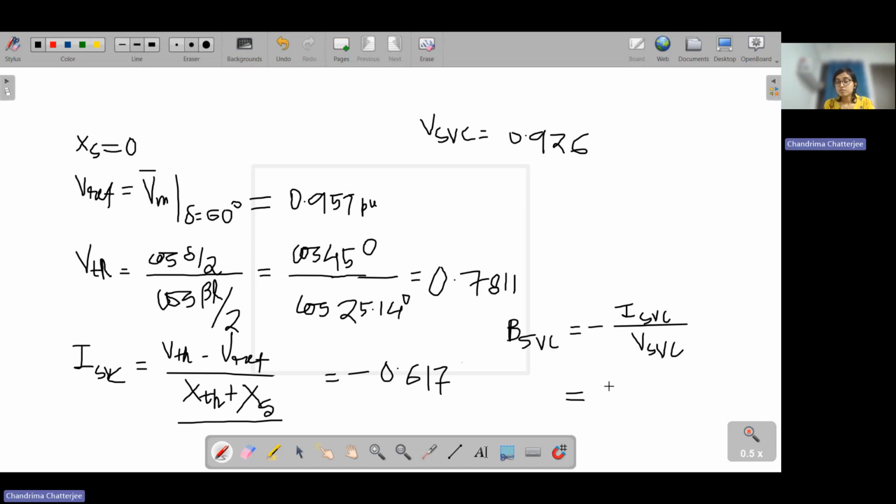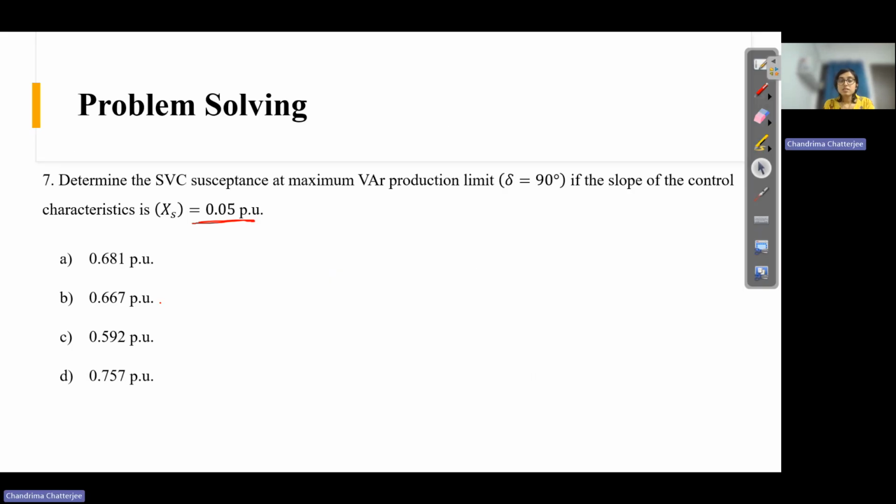And BSVC comes out to be point. So here the correct option is option B.